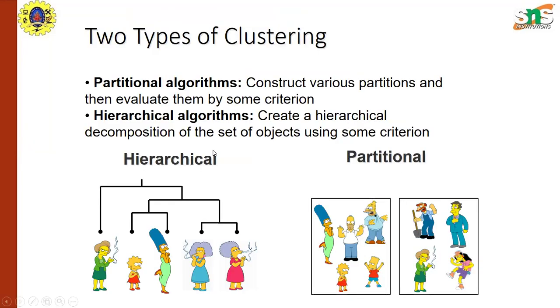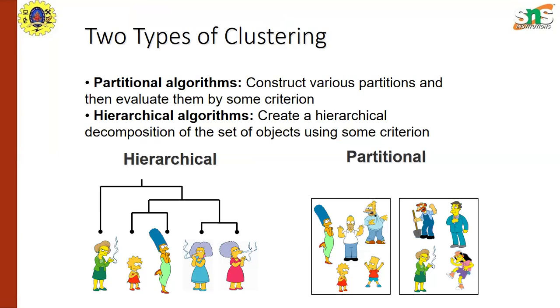There are two types of clustering: partitional algorithm clustering and hierarchical algorithm clustering. The partitional algorithm is basically used to construct various partitions, and after constructing the partitions, we can do the evaluation.